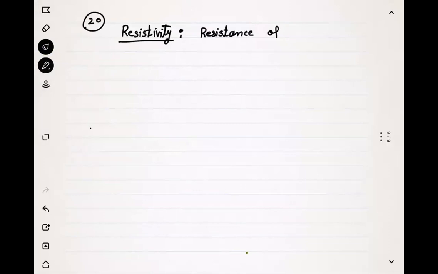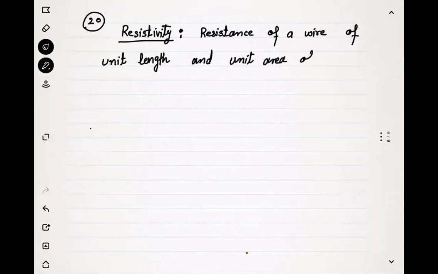Quantity number 20 is resistivity. Resistivity is basically, you can define it as the resistance of a wire of unit length and unit area of cross section.